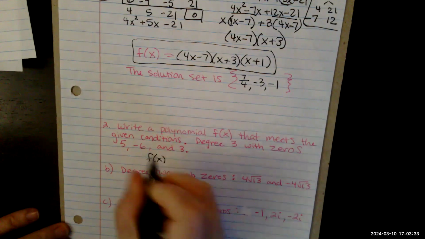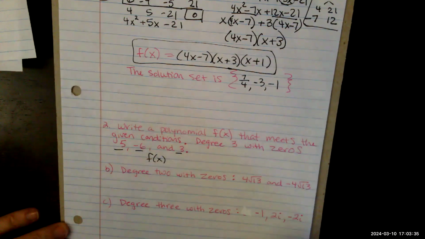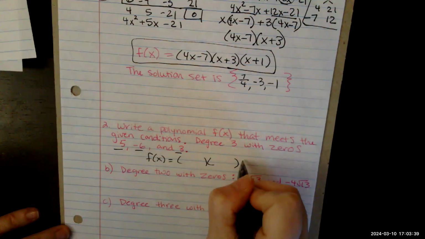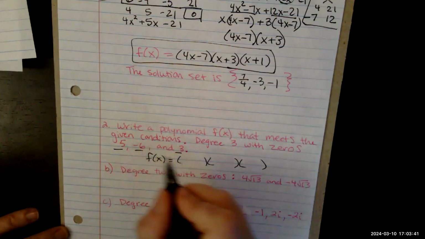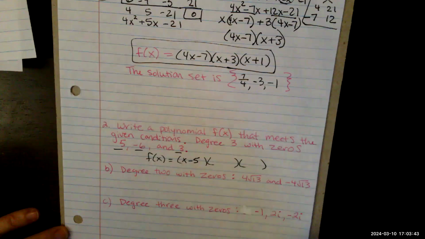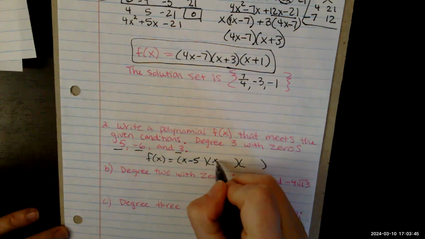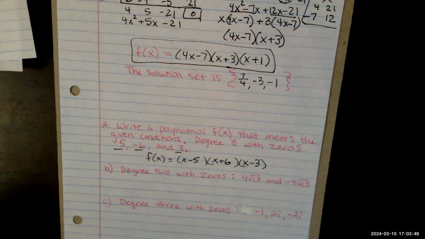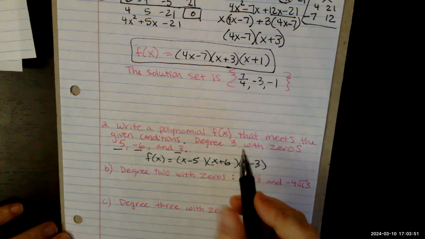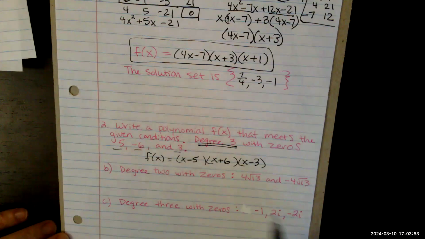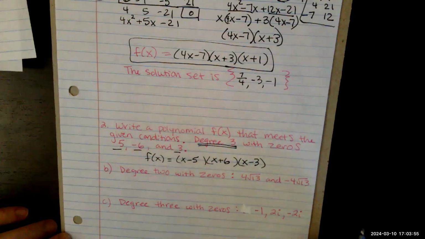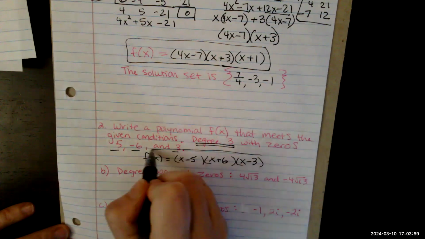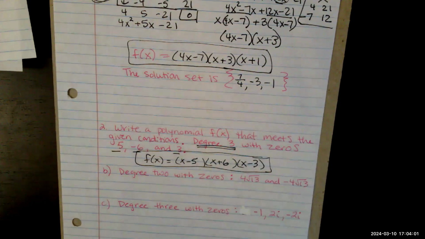So again, these are zeros, so I can write them as 3 factors instead. 5 would mean x minus 5, -6 would mean x plus 6, and 3 would mean x minus 3. Now I just make sure that I did the degree. And yeah, I have 3. So this should be good. I could multiply this all out, but it is okay to just leave it like this.